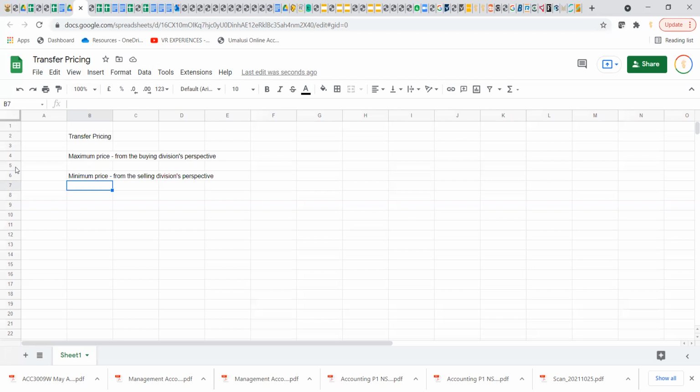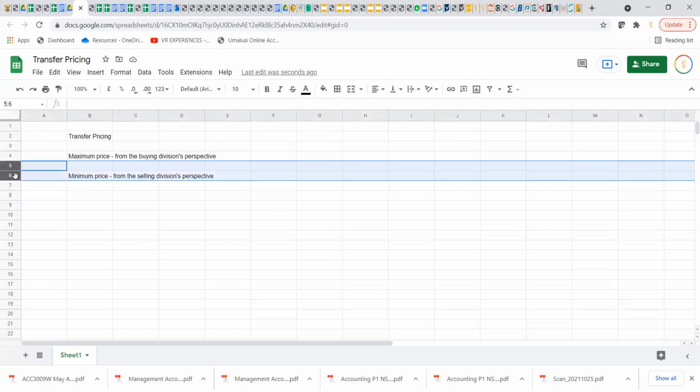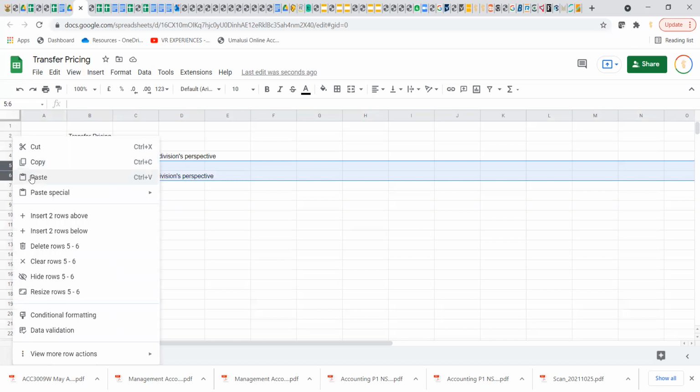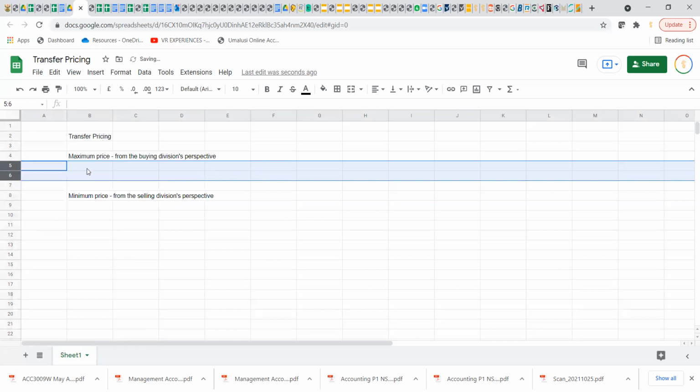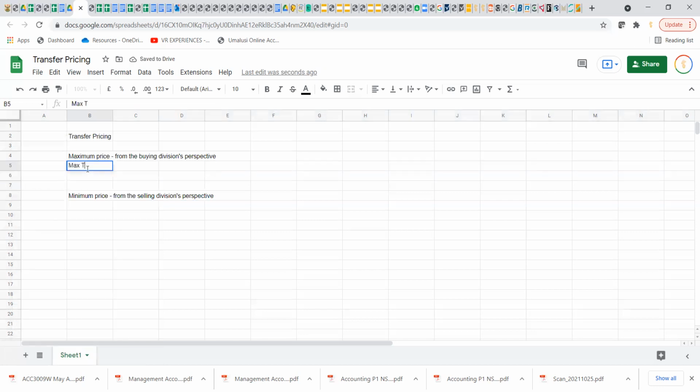So how do we work out the maximum transfer price? The maximum transfer price is simply max TP equals normal selling price or market price, plus cost savings. Now, what is this?